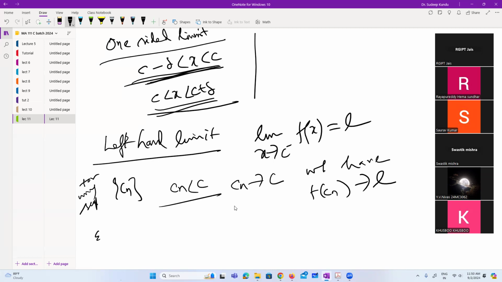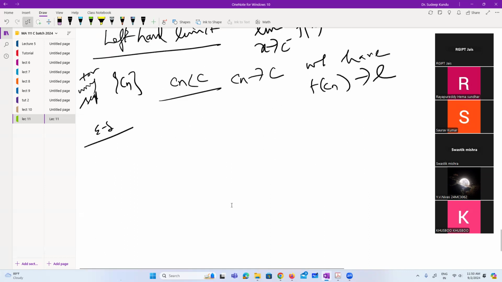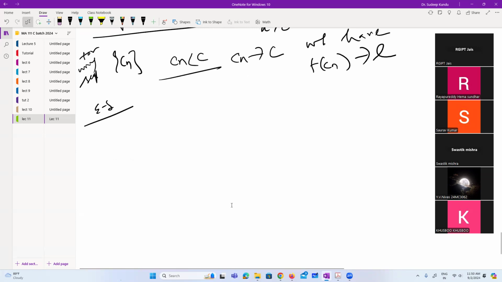And in terms of epsilon-delta, what should we write?